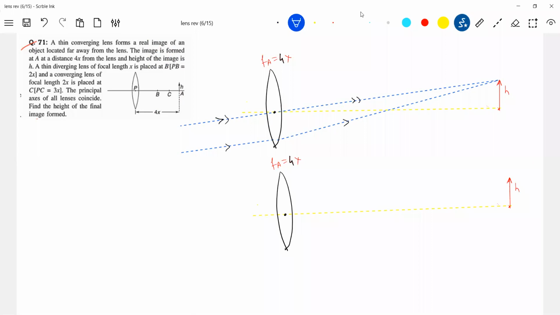Diverging lens is placed at B. PB is equal to 2x, exactly the midpoint. Okay, one diverging lens.